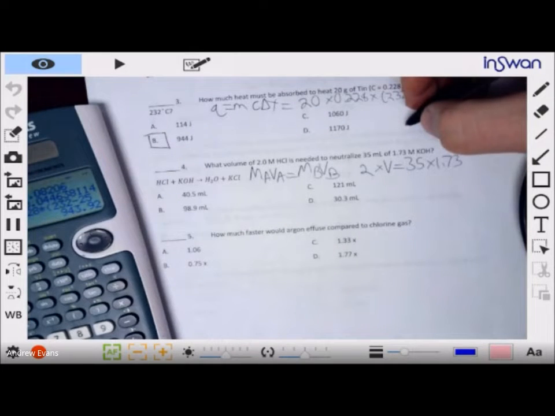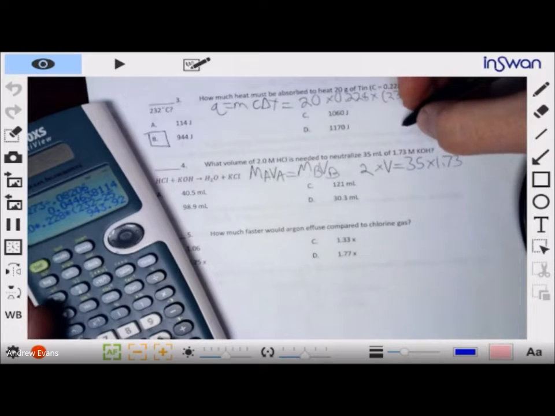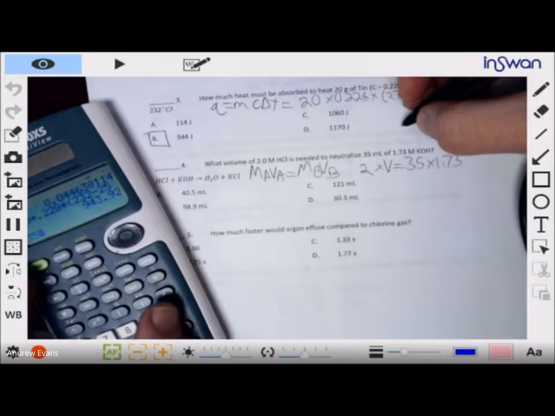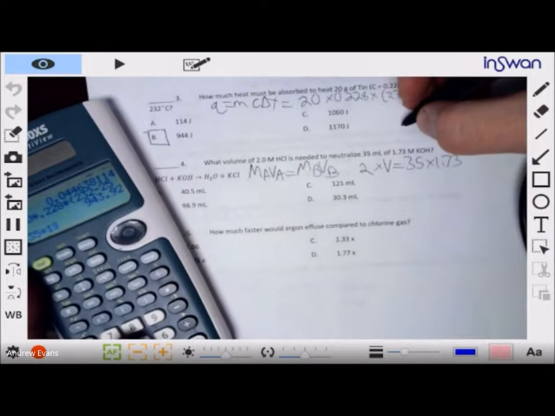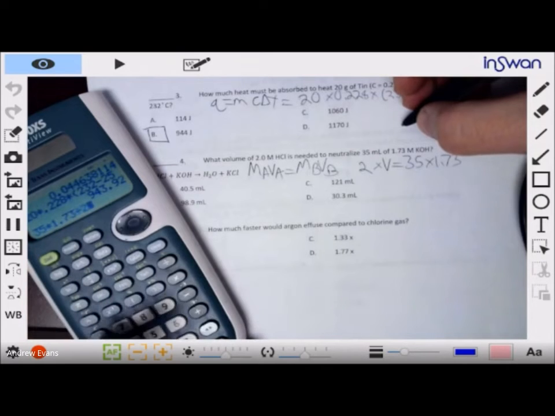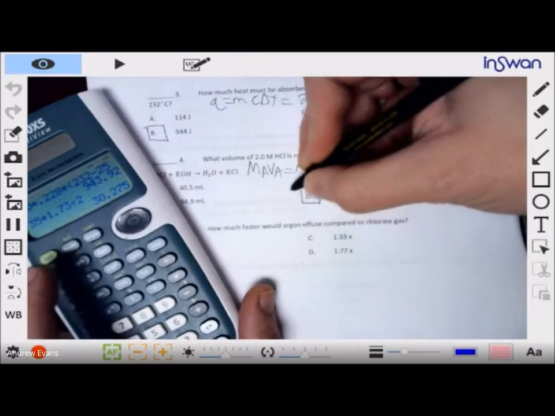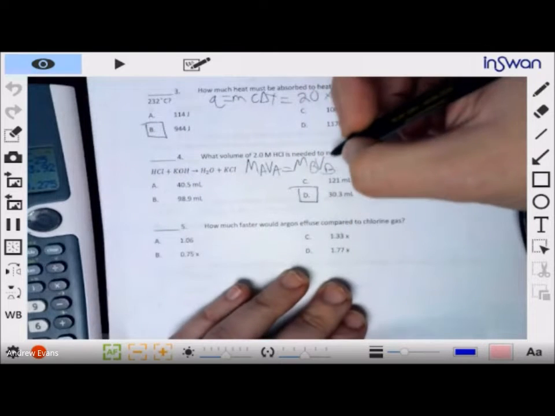Hopefully, there's only really one answer it should be, and that's going to be D, because the base is less concentrated than the acid, so it should take less of the base. There's only one of them that's possible for answer D.